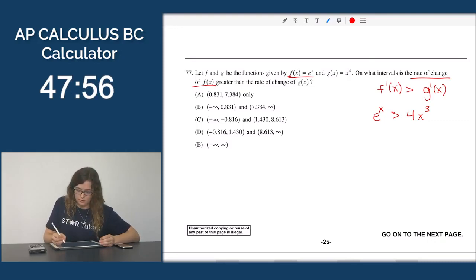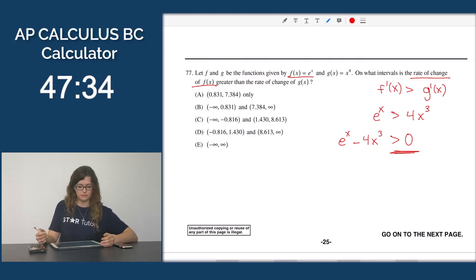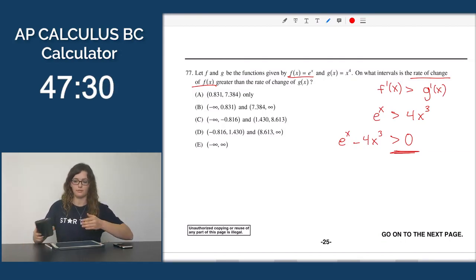You could graph both of these functions on your calculator and find where one is bigger than the other. I'm going to recommend instead graphing the function e to the x minus 4x cubed and seeing where that is positive. We want to know where it's bigger than 0. It's easier to identify where a function is bigger than 0 than to identify where one function is above another function.